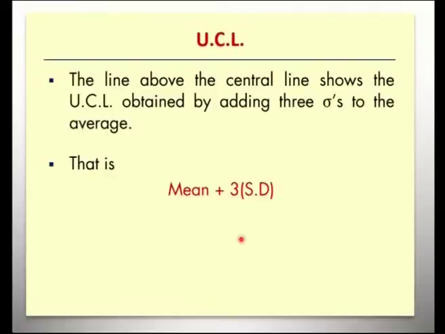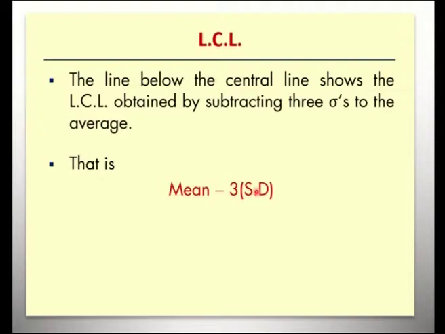First, we will study them one by one. The line above the central line shows the UCL, the upper control limit, obtained by adding 3 sigmas to the average. That is, UCL is calculated as mean plus 3 times standard deviation. Similarly, the line below the central line shows the lower control limit, obtained by subtracting 3 sigmas from the average.